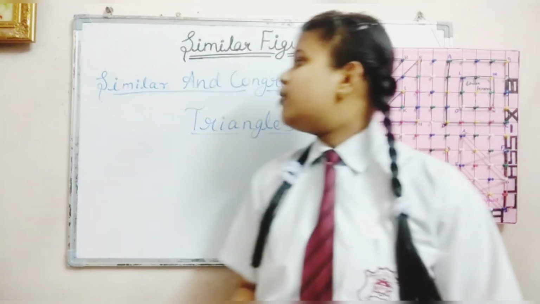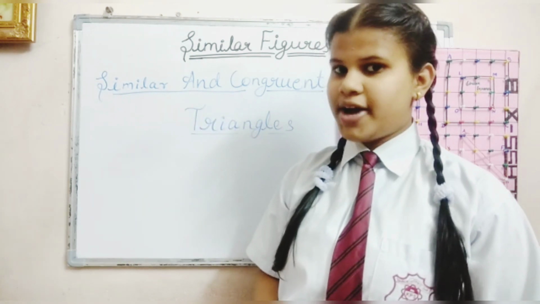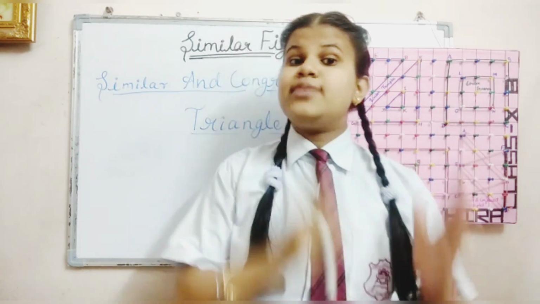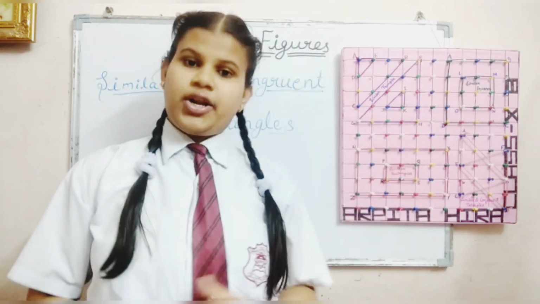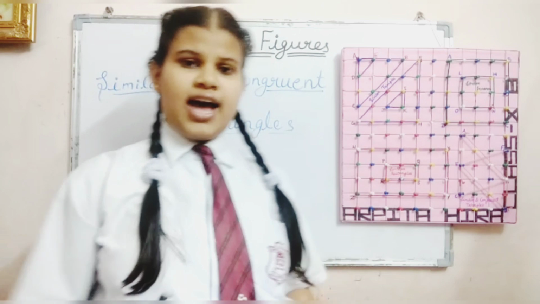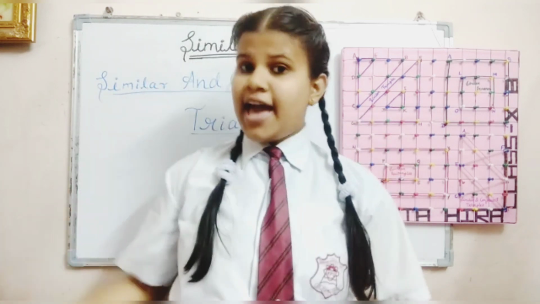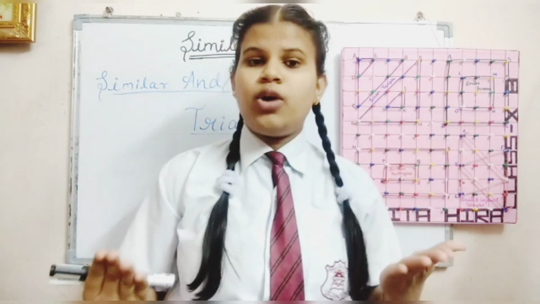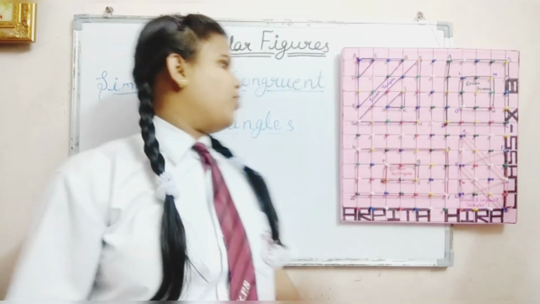Now let us look upon similar and congruent triangles. We can say that all the figures that are congruent are similar to each other, but we cannot say that similar figures are congruent to each other, because we have learned in congruency that if two figures have their corresponding angles and sides equal, then they are called congruent figures.